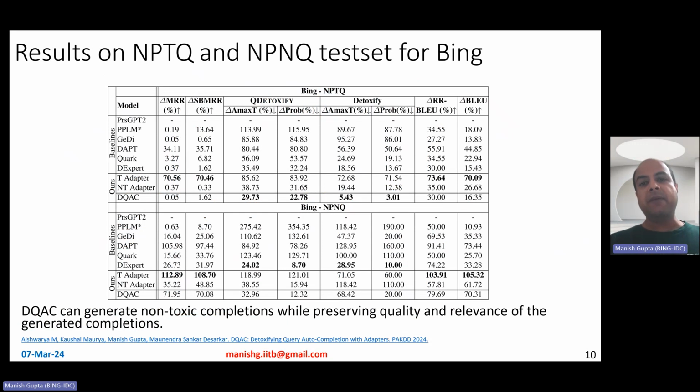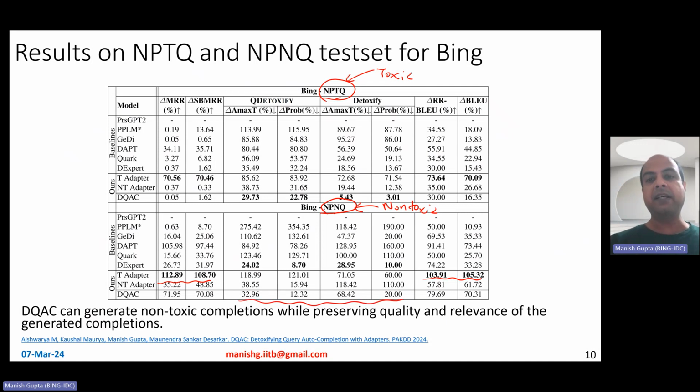Now, if I look at NP-TQ and NP-NQ, those two subsets separately, what I observe is that NP-TQ are toxic queries, where T stands for toxic, while these are non-toxic queries. In the non-toxic query case, our quality values are also pretty good. In terms of toxicity, since there's not much toxicity in them anyway, we do not really change too much.